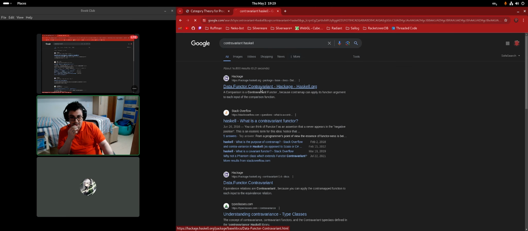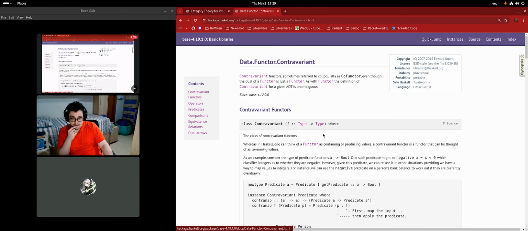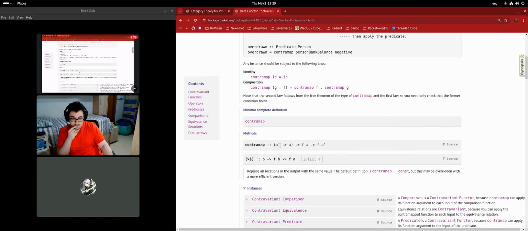It is contravariant. See? Contramap. It takes a function from B to A and returns a function from f of A to f of B. It's backwards.